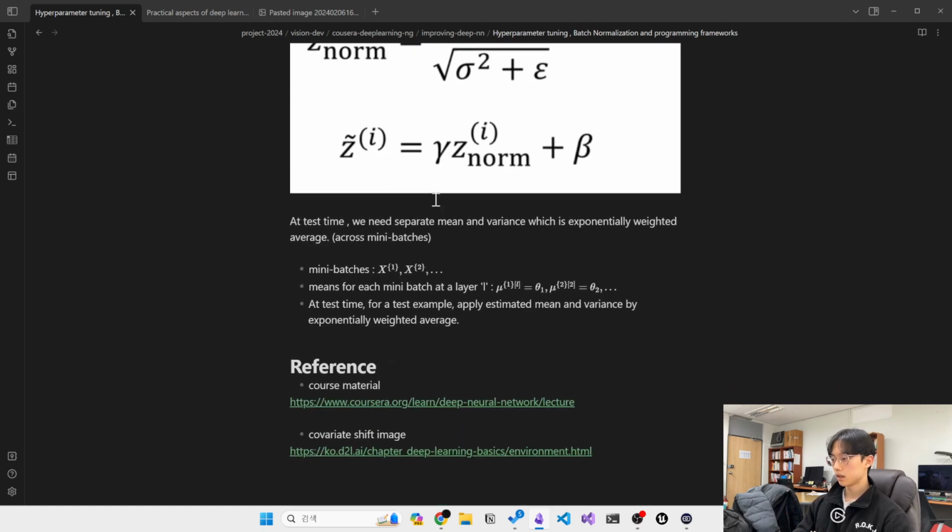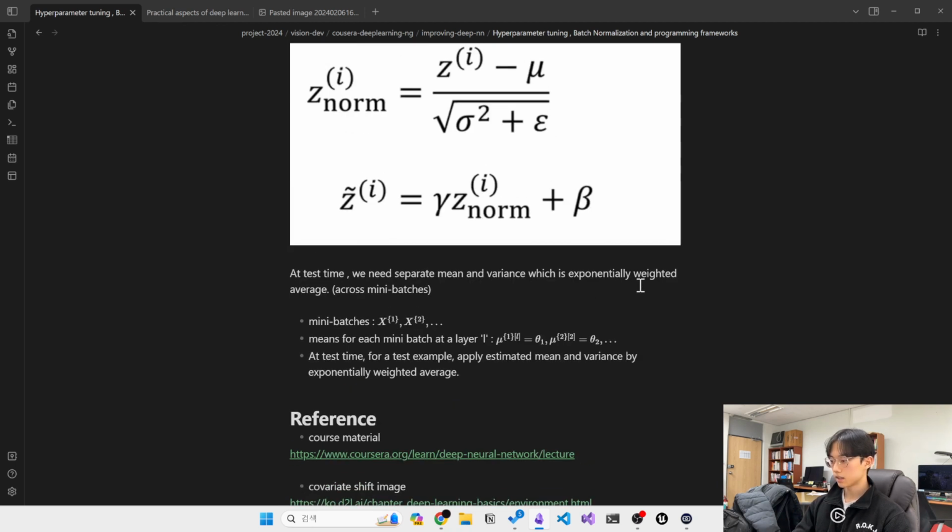So we can use the concept of exponentially weighted average here. If we map the mean and variance of each layer to theta 1, theta 2 and so on, like I already did in the London temperature example, then at test time for a test example, we can apply the estimated mean and variance by exponentially weighted average.